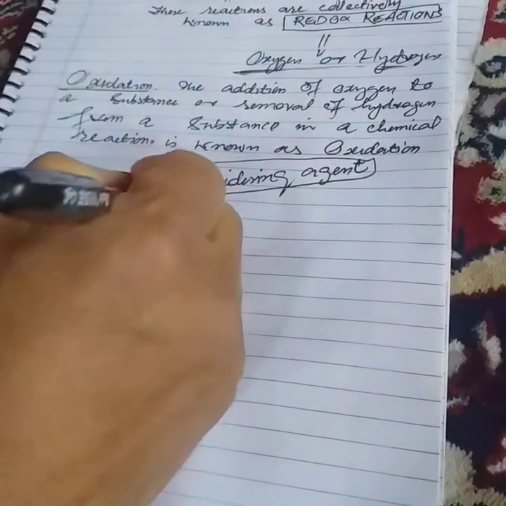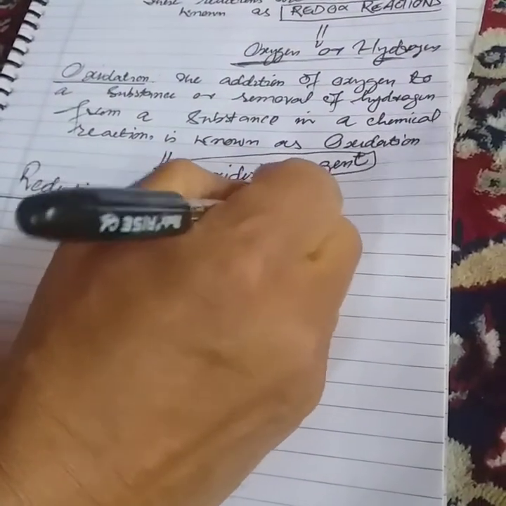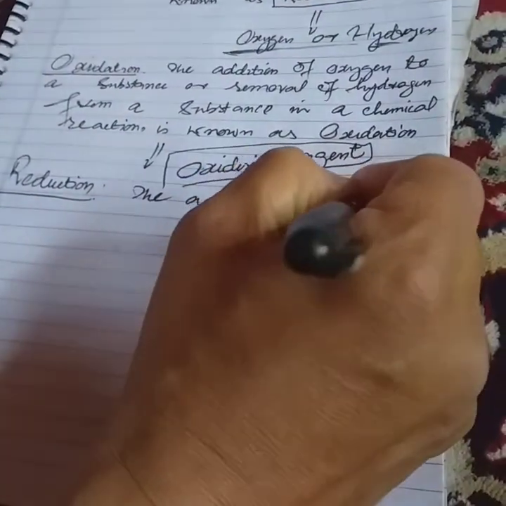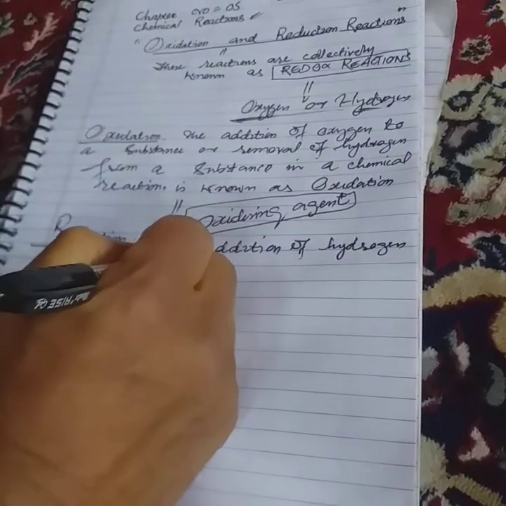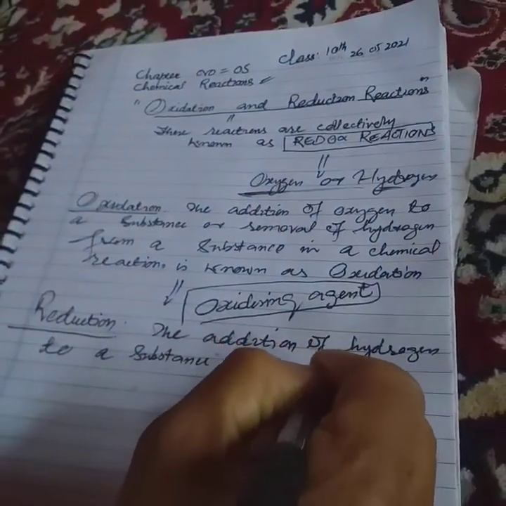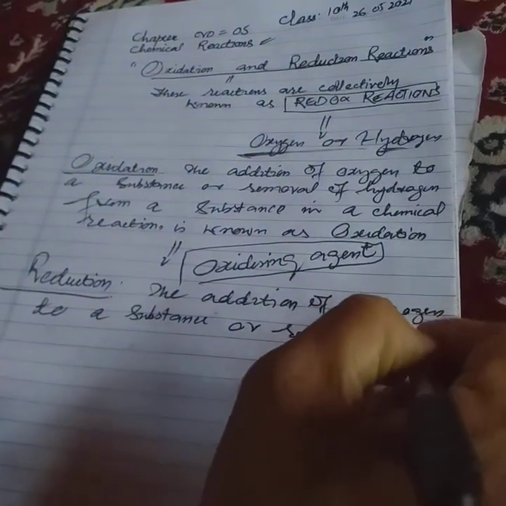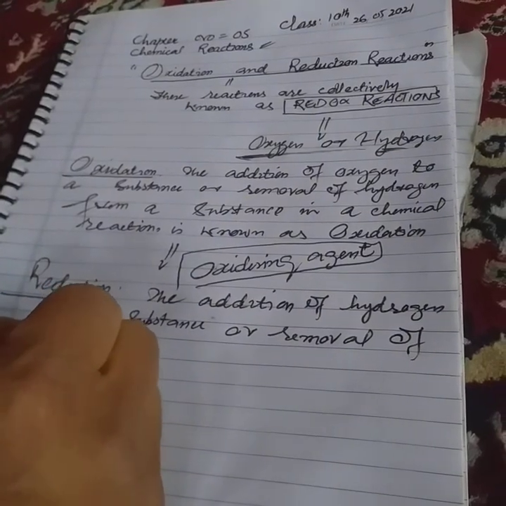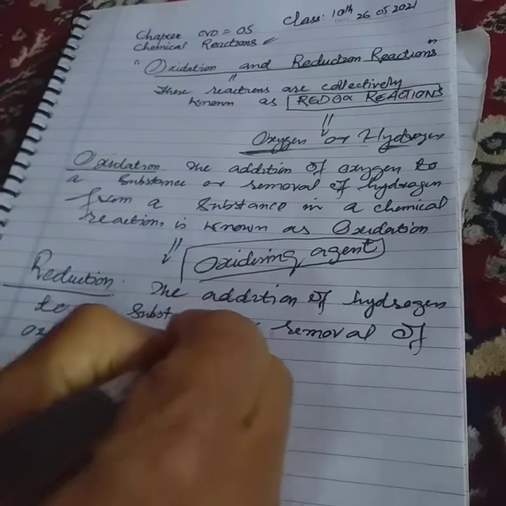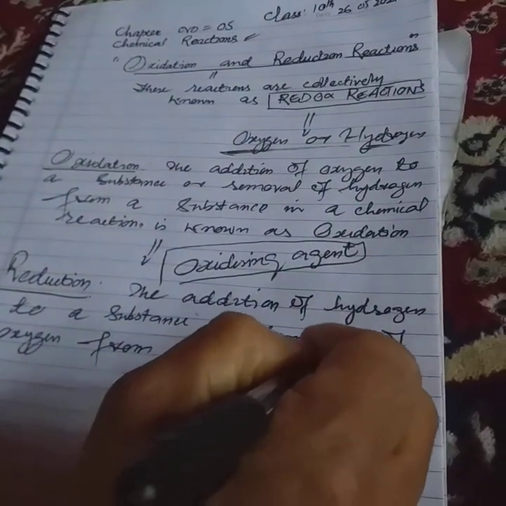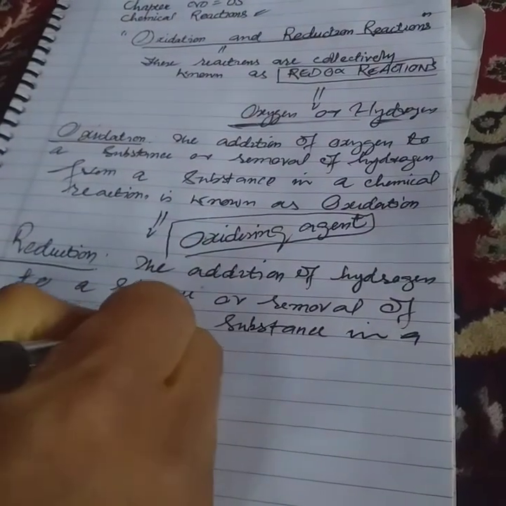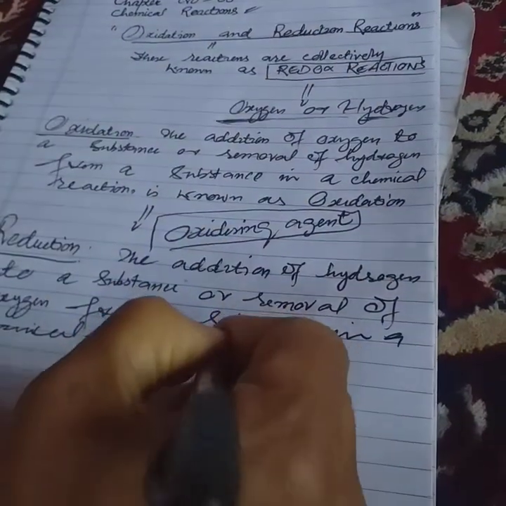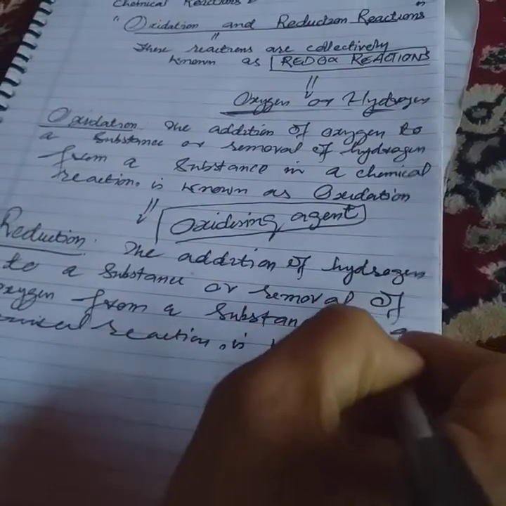The addition of hydrogen to a substance or removal of oxygen from a substance in a chemical reaction is known as reduction.